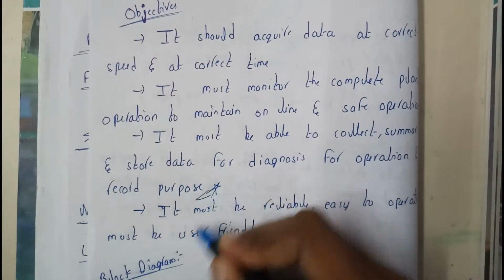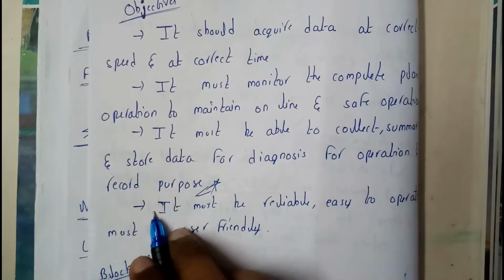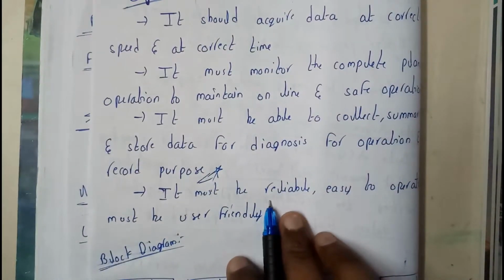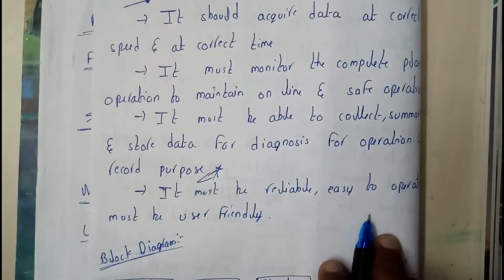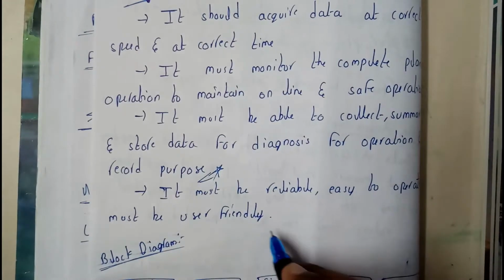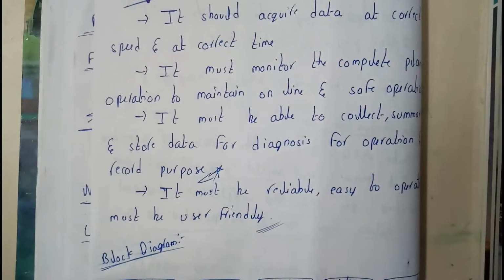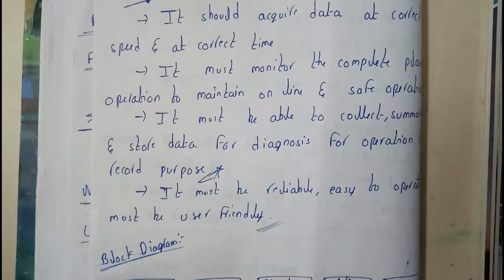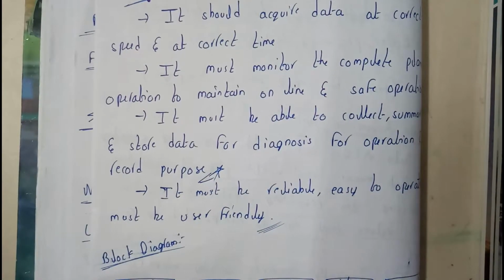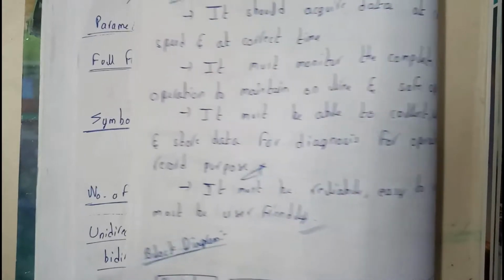So it should have a facility to store data also. It must be reliable and easy. The operation should be easy so that everyone can operate it, even in an emergency condition, where a small worker can operate it.